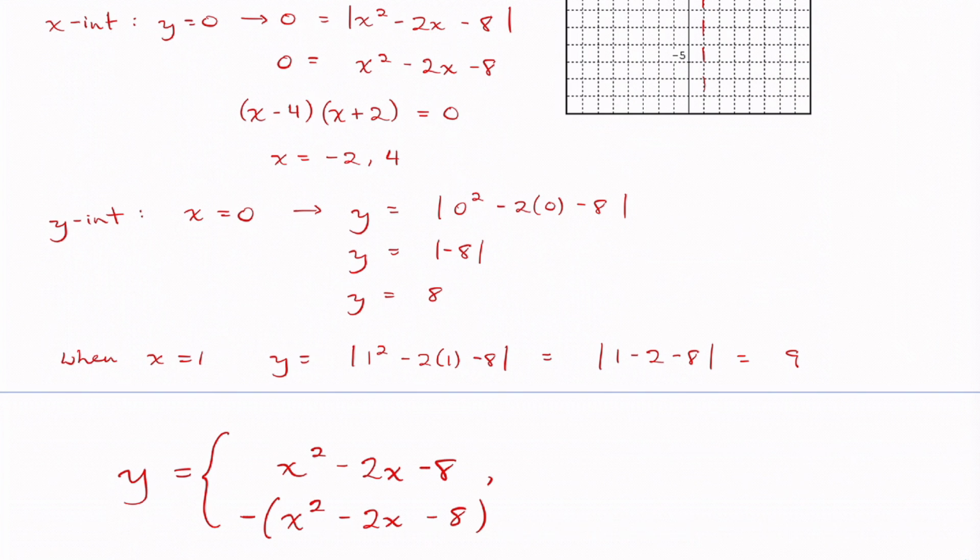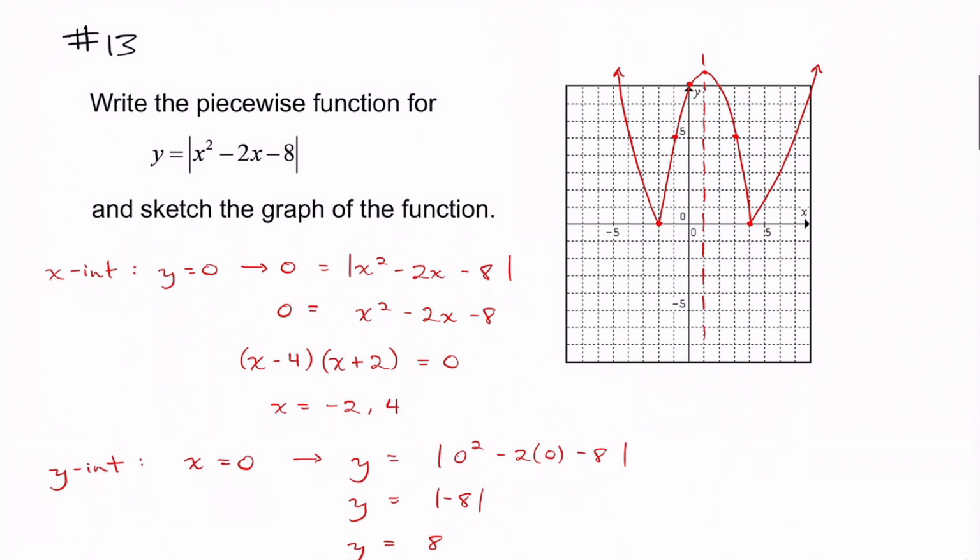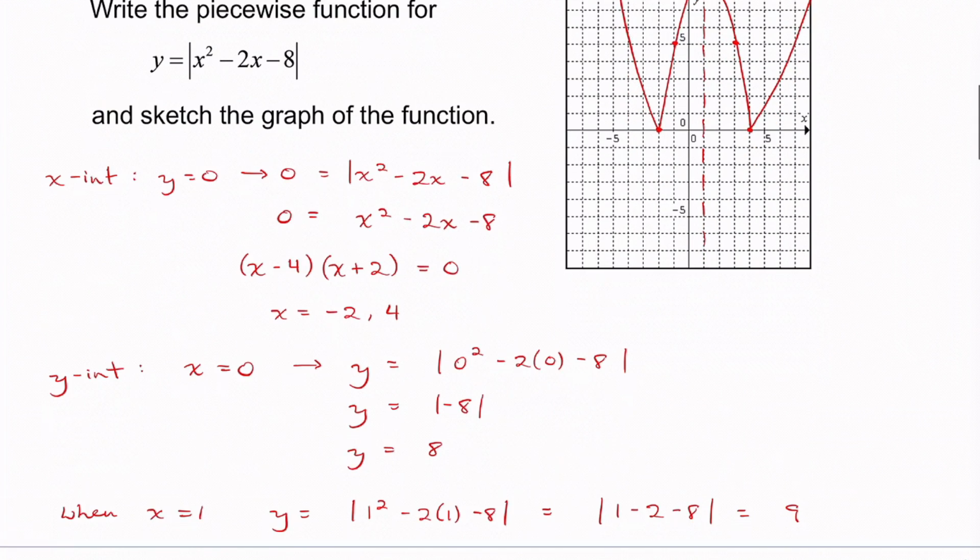Then we just have to state the domain for each one of these. This one is quadratic where the number in front of the x squared is positive, so the parabola points up. The parabola that points up is this one right here. I can see that is when x is greater than or equal to 4, and when x is less than or equal to -2, because that's this part pointing upwards. So we're going to write that.